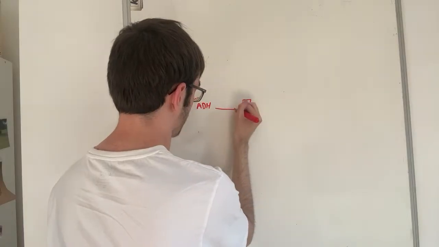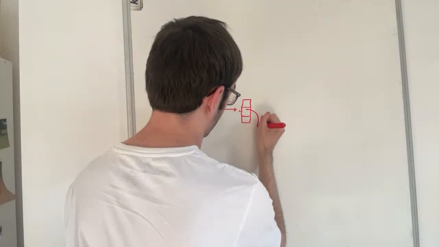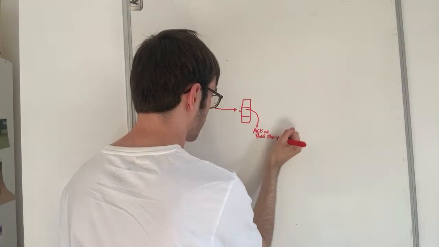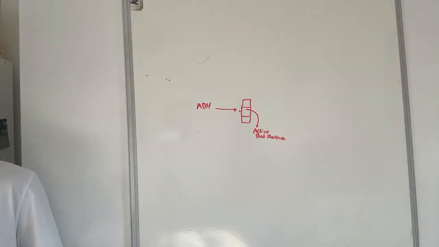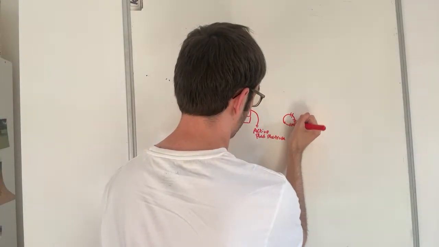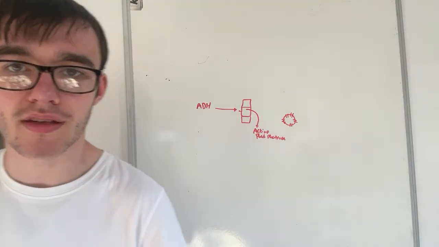It activates phosphorylase, apparently I can't spell now, and then it's the idea of aquaporins. These will fuse with the cell surface membrane, increasing the permeability. And that's literally it.